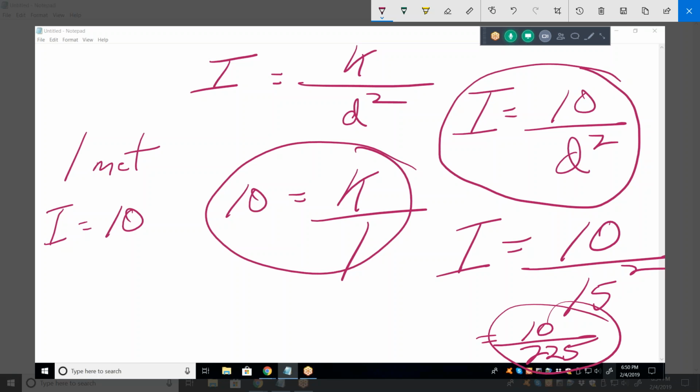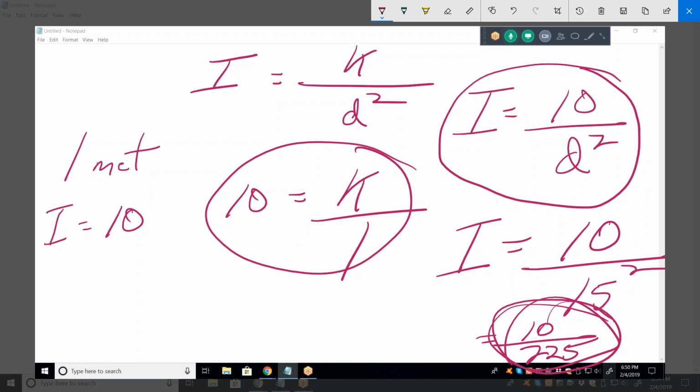So the intensity of the sound when you were 1 meter away was 10. The intensity when you're 15 meters away is barely a 20th. In other words, you lose a lot.